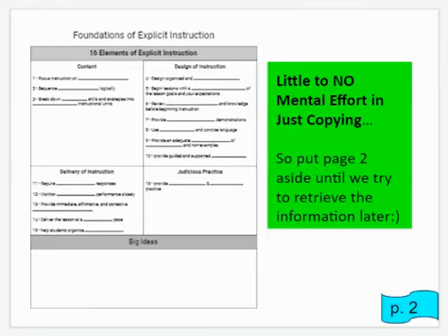The 16 elements on page 2, there is an interactive guided notes page. And I'm going to put this little note in there for you. Please make sure that when you see the information on the screen, do not fill it in. There is no mental effort in just copying the notes.